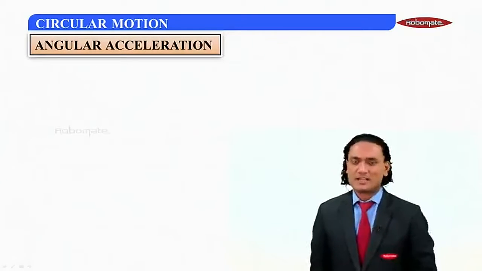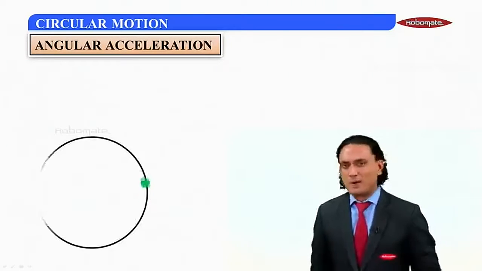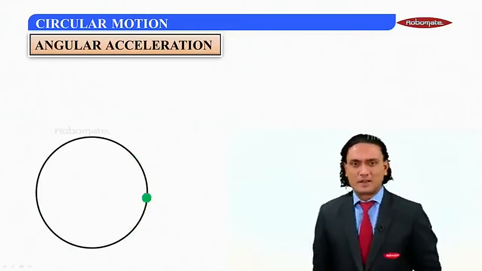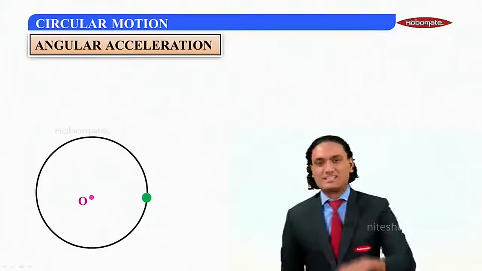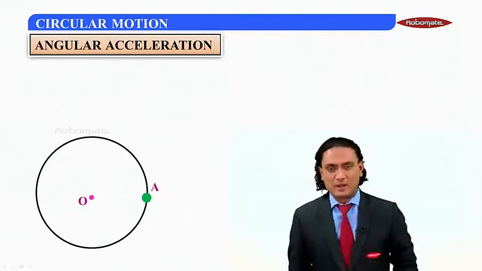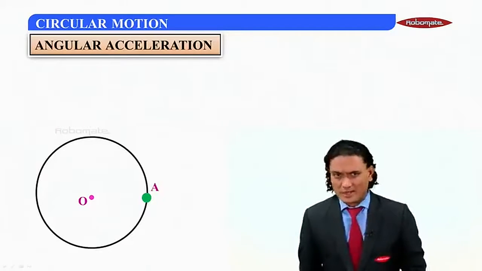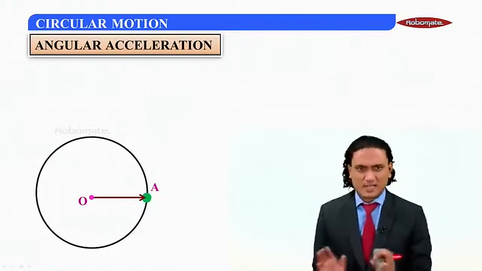For that I am going to consider a very small particle. This particle is performing a circular motion, and point O is the center of the circular path traced by the particle. This particle is at position A. Now you can draw a radius vector, so OA will be my radius vector. Is that clear till now?